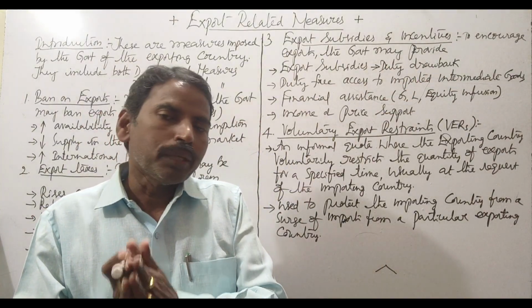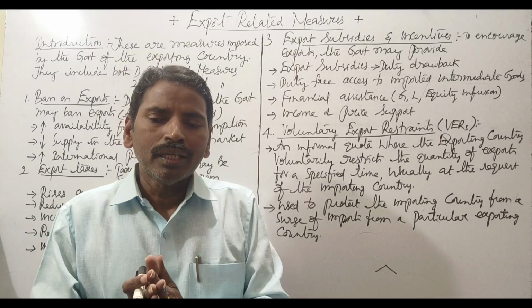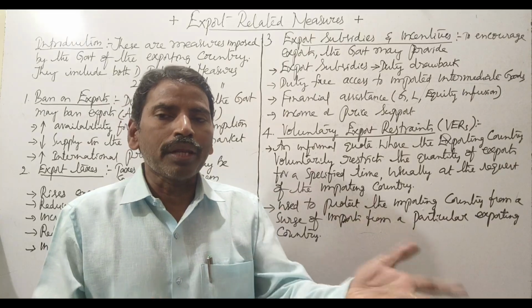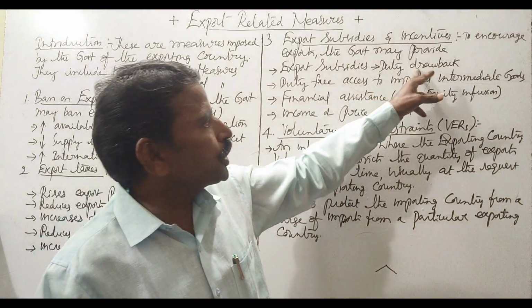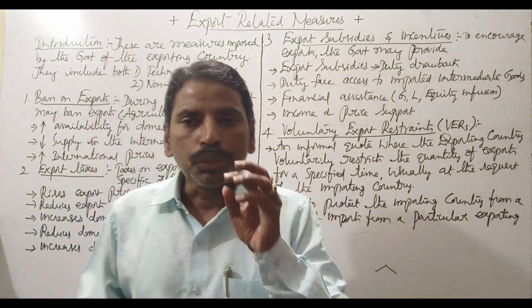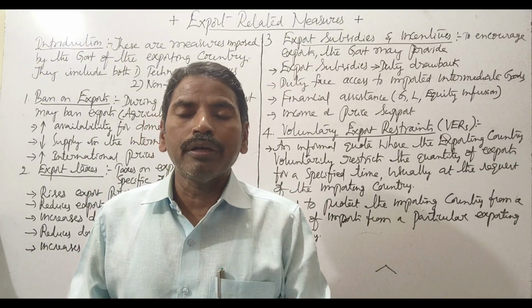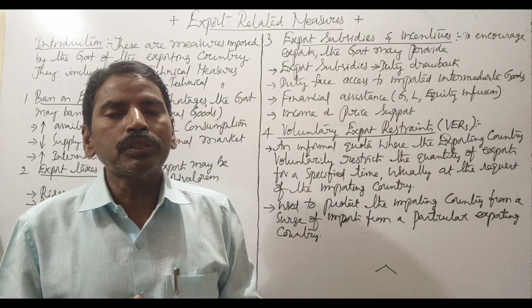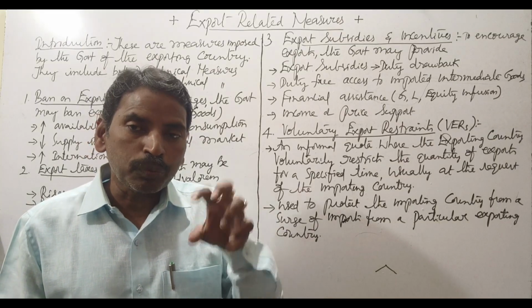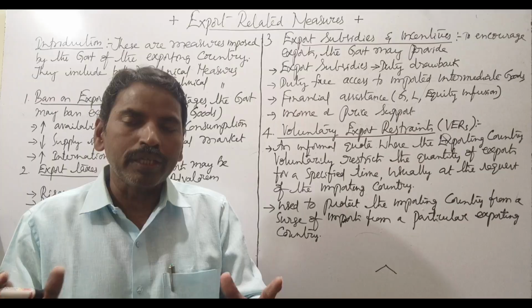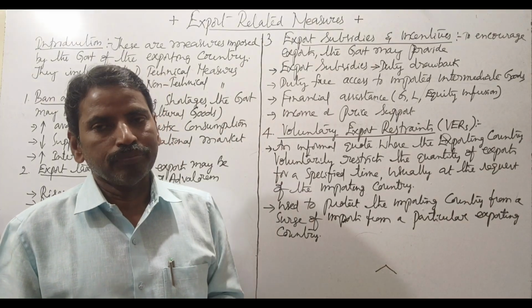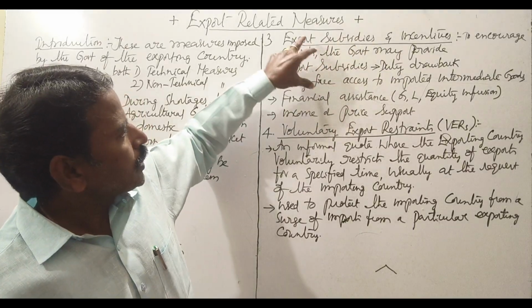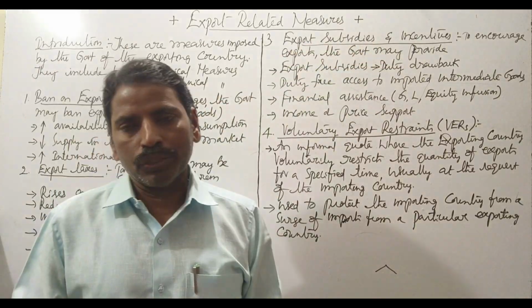Previously they paid, later the government returns. That is called duty drawback. These are all export subsidies and incentives.